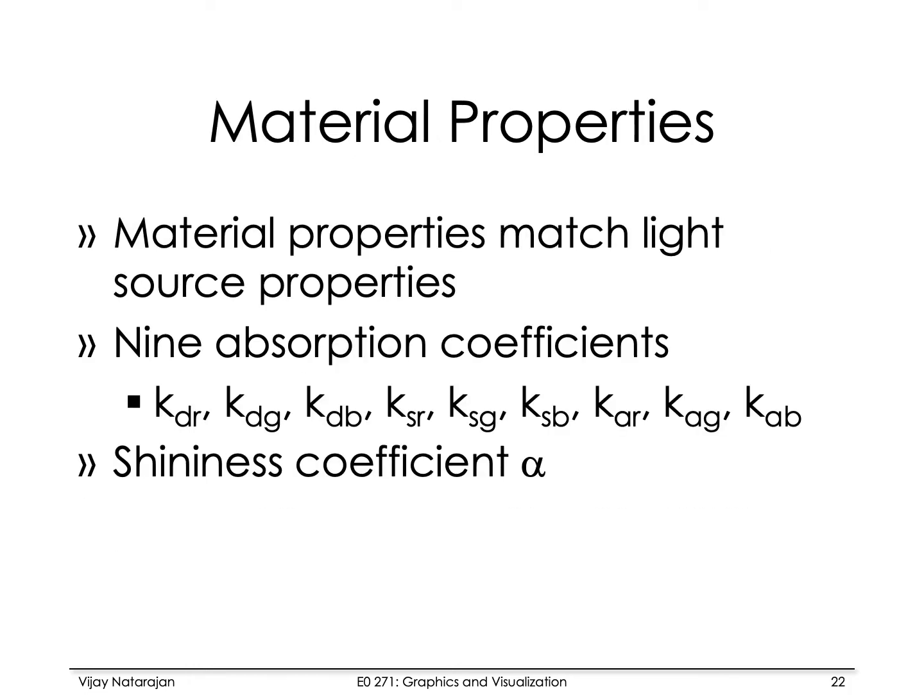Similarly, we model the material properties also using 9 coefficients. So here K sub D corresponds to the diffuse component and G corresponding to green. In addition, we have the shininess coefficient, remember, alpha.